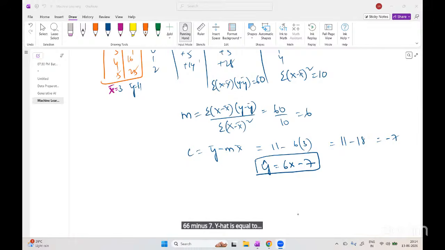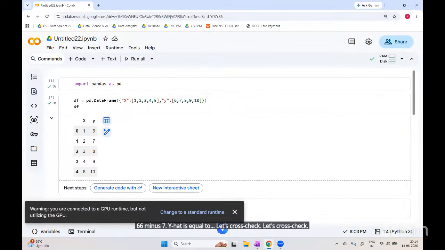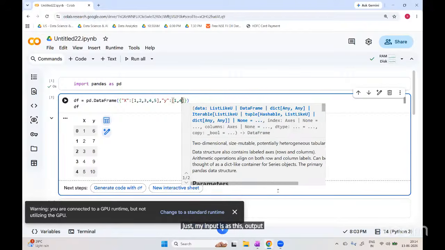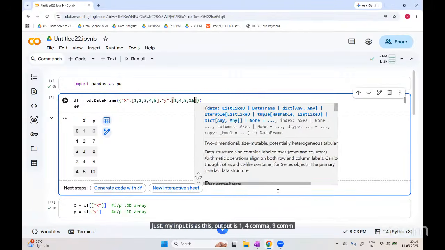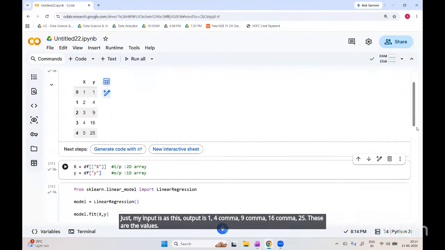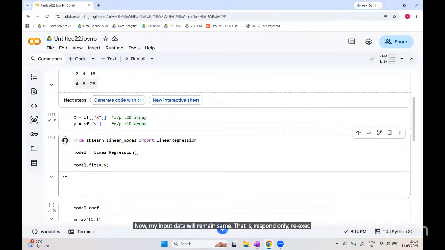Let's cross check. My input is as is, output is 1, 4, 9, 16, 25. The input data will remain the same, so re-execute and apply fit.